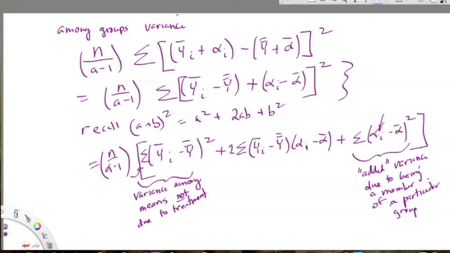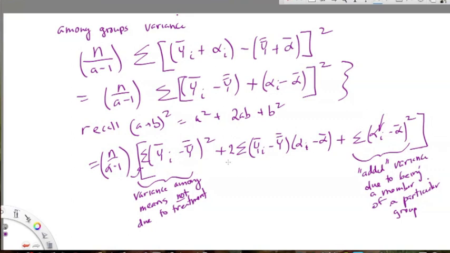Alpha i, where i equals 1 would be females and i equals 2 would be males, and we'll get a variance due to being a member of each of those groups. And that is in this quantity up here. Okay? So that's good. That means that we have appropriately included that.